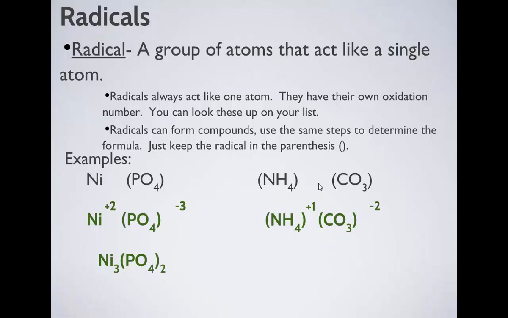Do a crisscross, and we get (NH4)2CO3. Ammonium carbonate. So when we see those radicals in parentheses, we just look them up on the radical chart and use them the same way we would use another element when forming a compound.